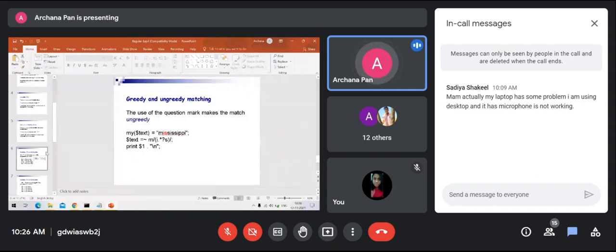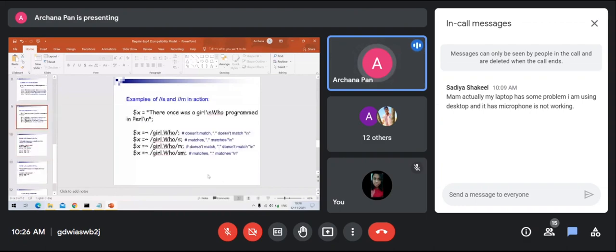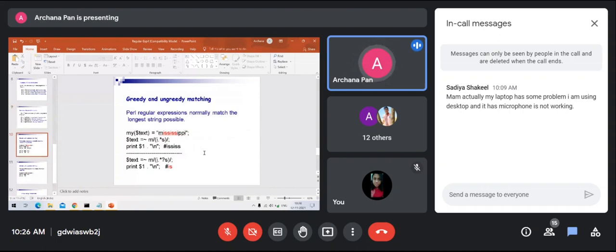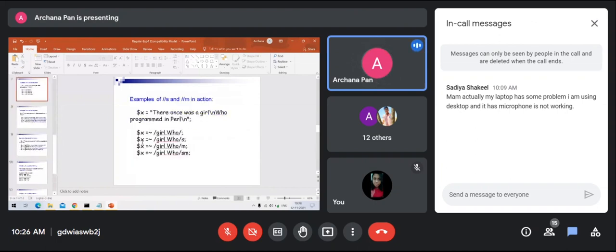One thing you can do, greedy and ungreedy one. Whenever you will get time, just for greedy and ungreedy one, using some DNA sequence, you can see. Okay. And modifier also, you write some program, not the same example. From the modifier, and also this greedy and ungreedy. So different example.